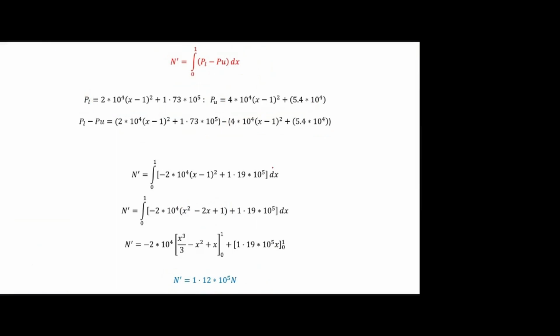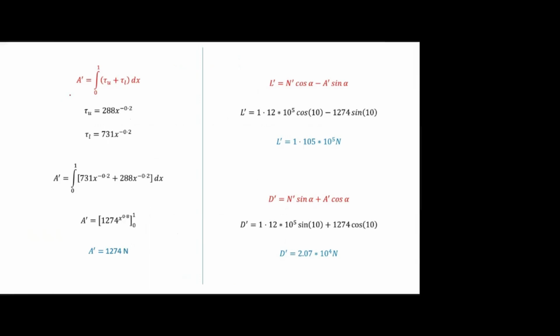Same way, A dash. This is the formula. We know tau u, tau L, substitute, then add, then x power 0.2 you have to integrate. That means you will get x power n plus 1 divided by n plus 1.